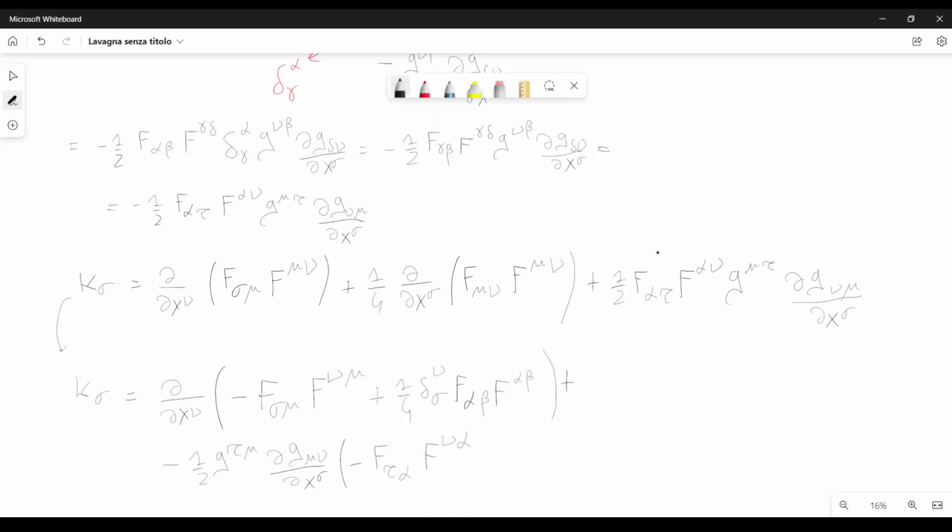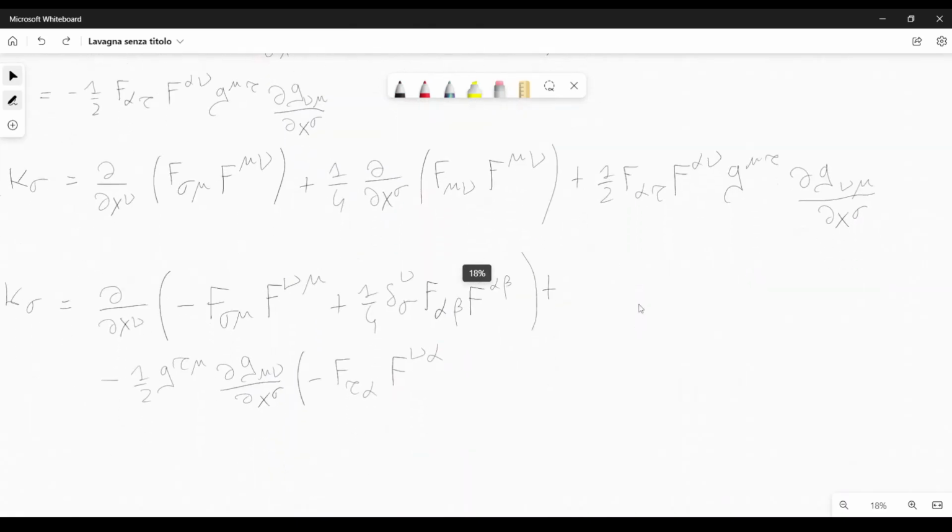I have rewritten this term by changing the order of these two indices and these two indices. So I will get two minus signs that will get cancelled. So this minus sign will get cancelled with this, because of course this minus with this minus will give me a plus. So I didn't change any sign here. It's just convenient, as you will see shortly, to rewrite it like this.